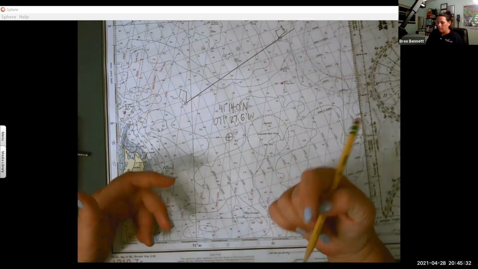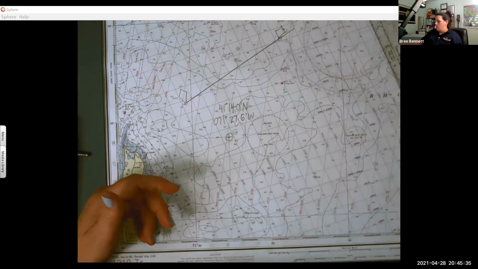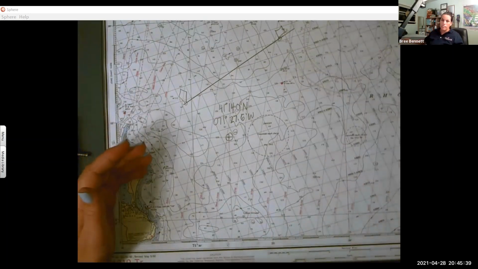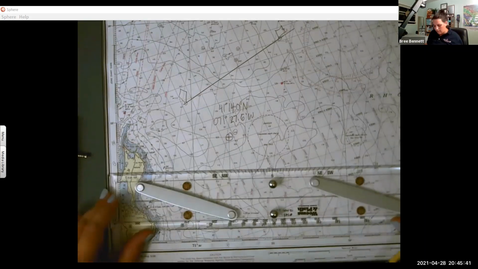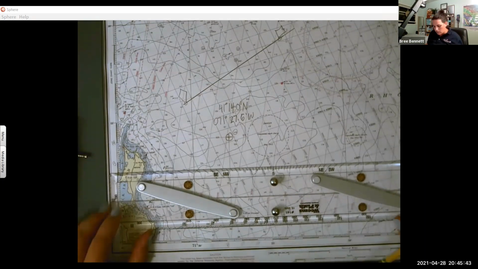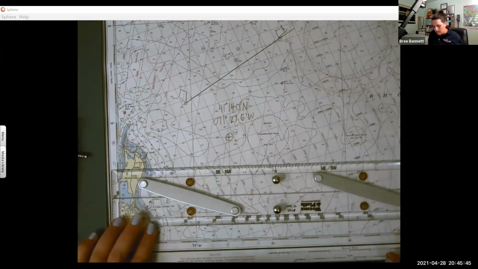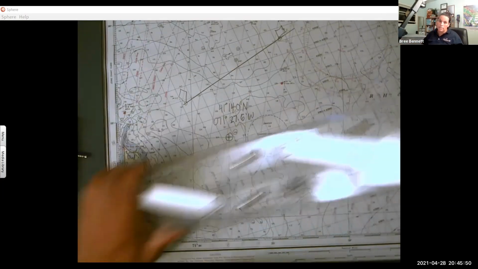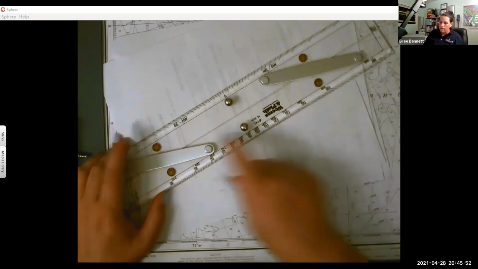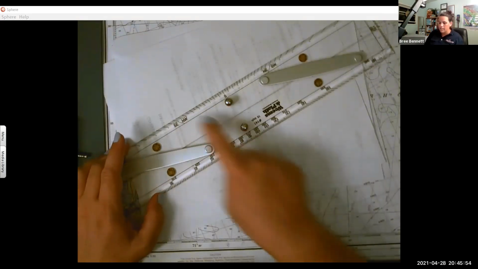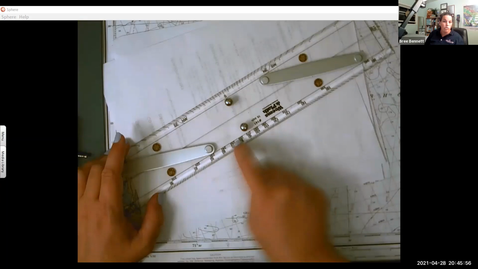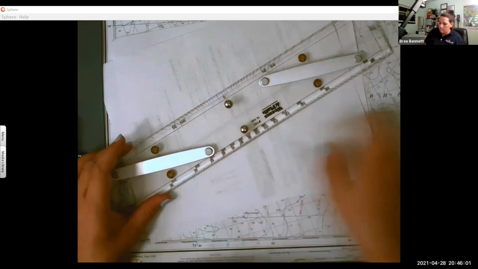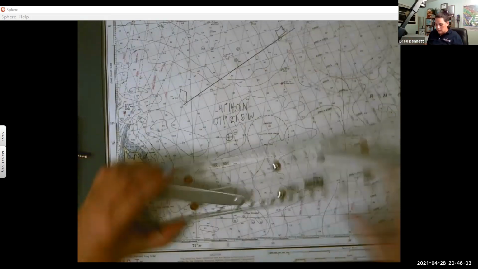Now, using different tools, that was using the roll plotter. If you want to use a parallel ruler, there are 2 types of parallel rulers, actually. Some have the black lines, but some do not. If you're using a parallel ruler, I'd recommend the ones with the black lines, just because I like that.